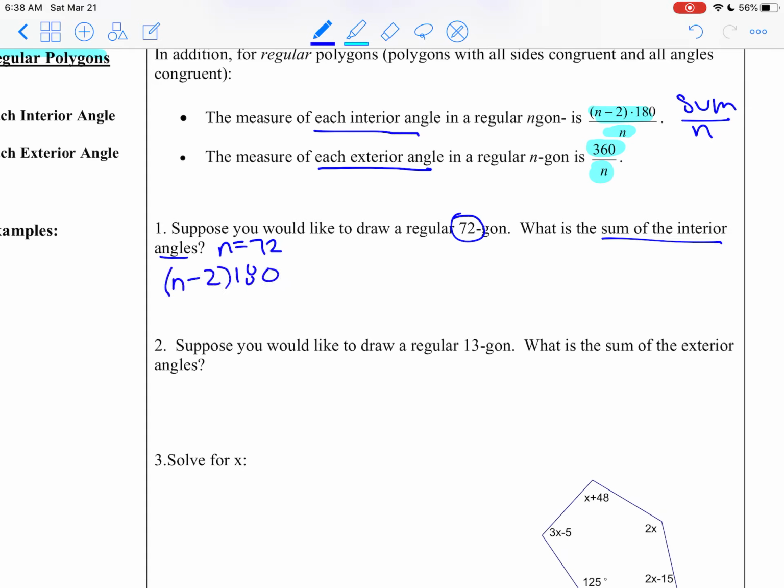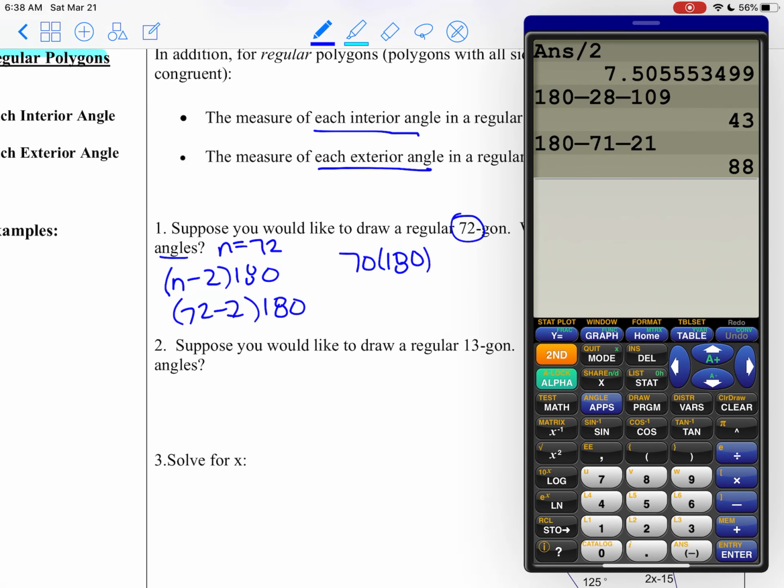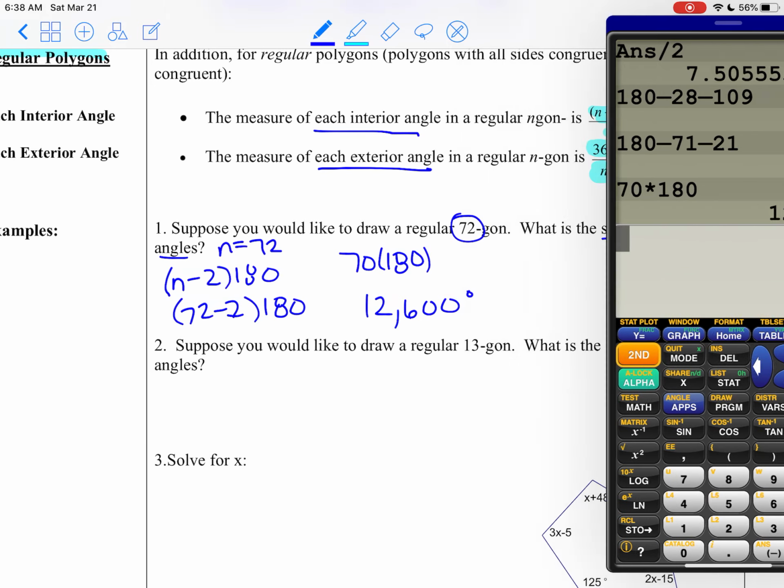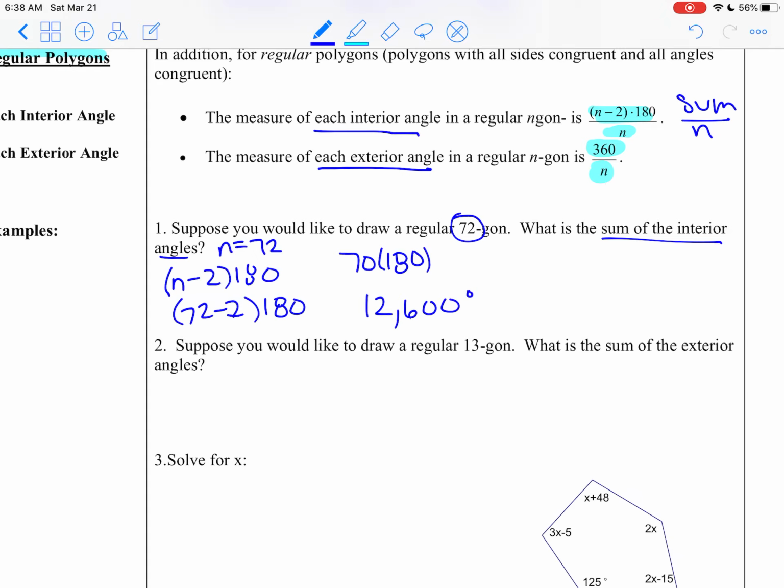I just put it in my formula, n minus 2 times 180, and that becomes 72 minus 2 times 180, or 70 times 180. You're going to need a calculator. So 70 times 180 gives me 12,600. That's the sum of the interior angles. And that's all we really need to do.